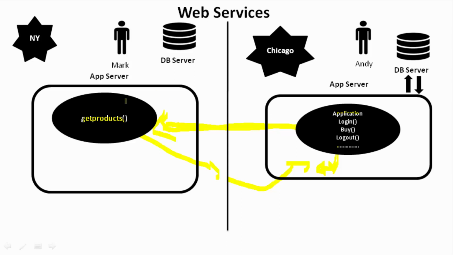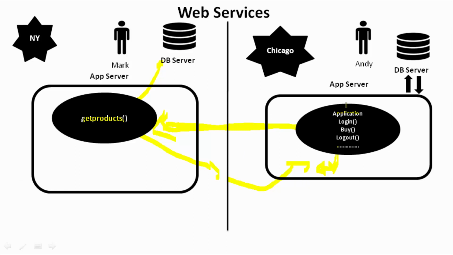Why? Because even if this gets updated, this instance of the get products service will make a call to this database server. So whether this is getting updated or this is getting updated, you will not have any difficulty.